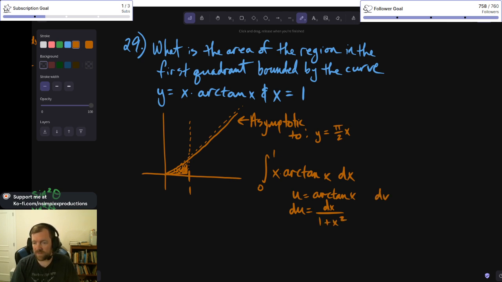And then dv is going to be x dx. And so v is going to be 1/2 x squared.